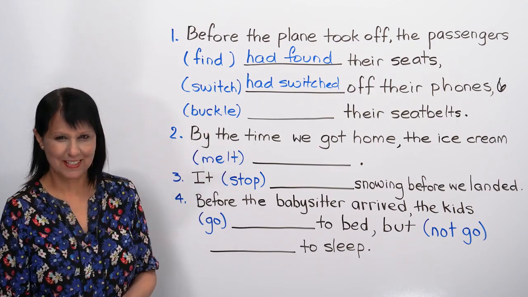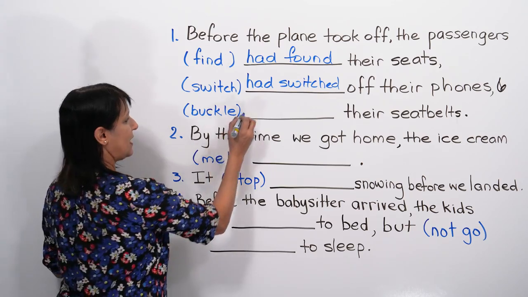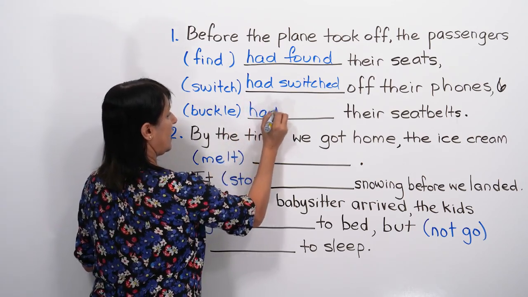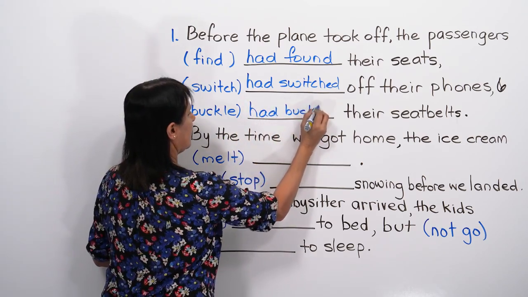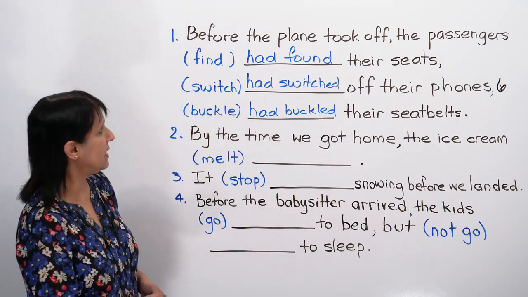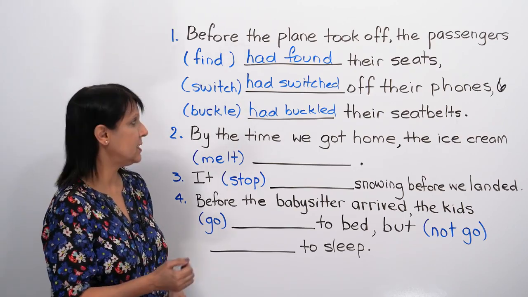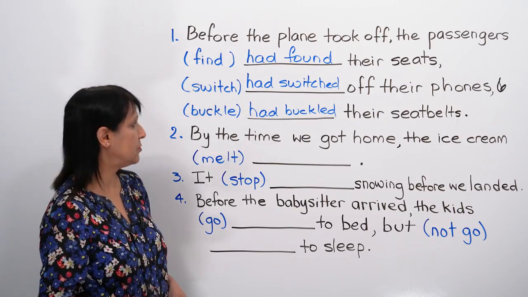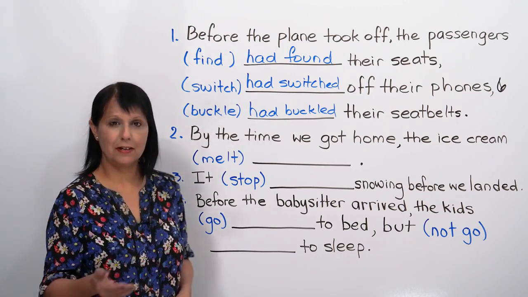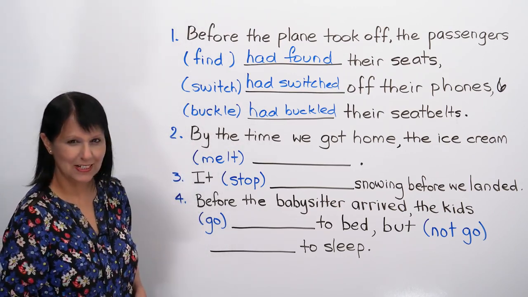Buckle, it's a regular verb. It ends with E. So we will say had buckled their seatbelts. Let's read it again. Before the plane took off, the passengers had found their seats, had switched off their phones, and had buckled their seatbelts. Okay? Good. Number 2.